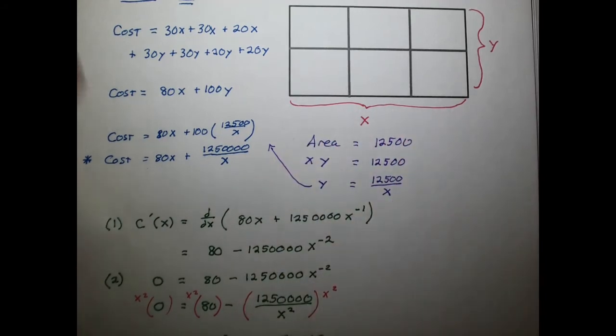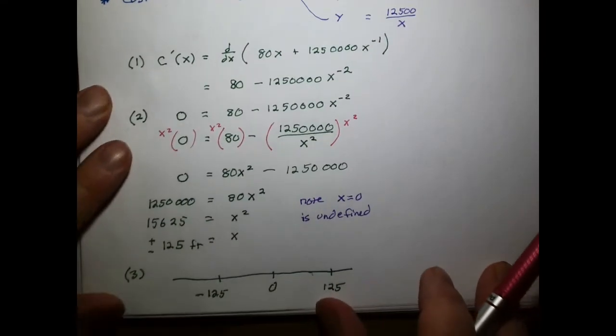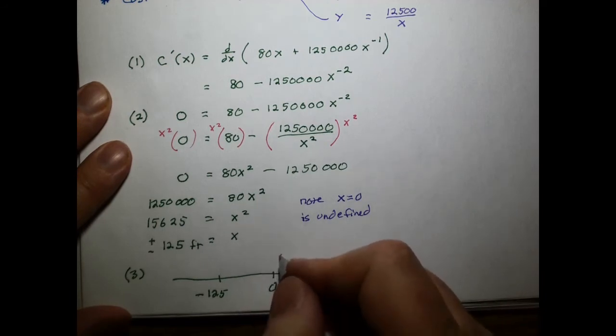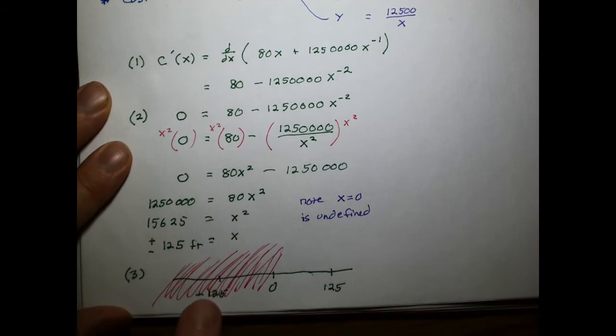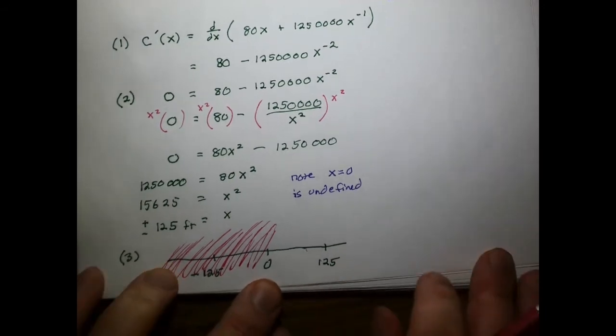Even 0 doesn't make a whole lot of sense, because it's the width of our cage. So that's true. In context of the problem, we don't care about this part of the graph, only this part. So there's really only one potential answer to this.